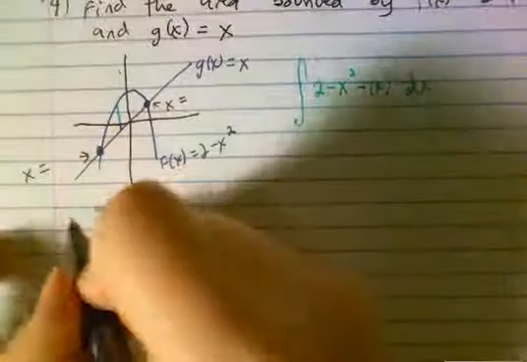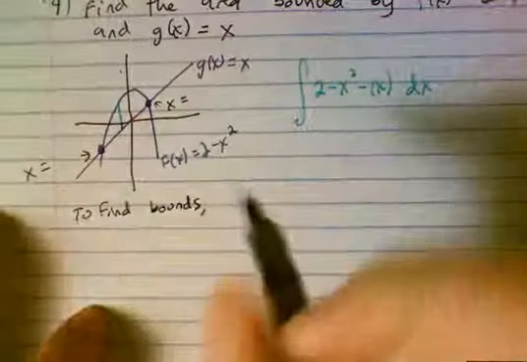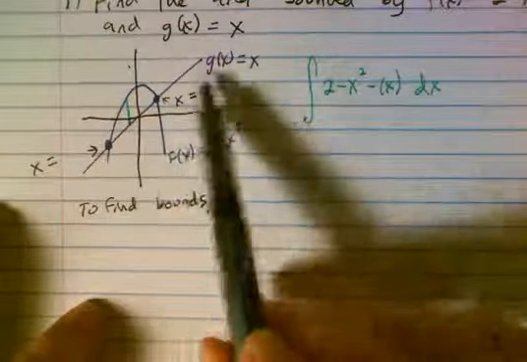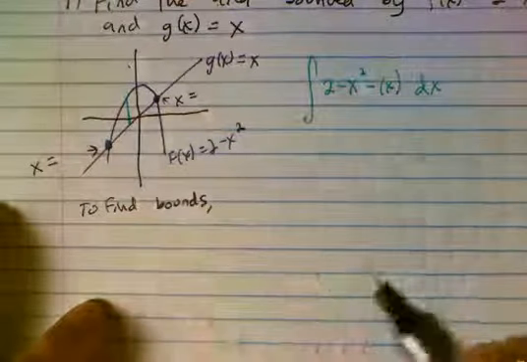And what we do to find the bounds, the intersection points are the points where f of x and g of x are equal for the same x. So all we have to do is set them equal to each other.